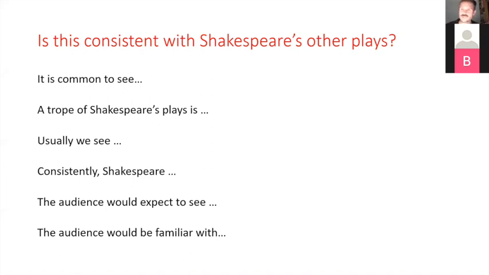It's a trope in Shakespeare's plays to show fathers losing power. Usually we see fathers telling off their daughters. It's always a shock when we show Much Ado About Nothing when the father slaps.